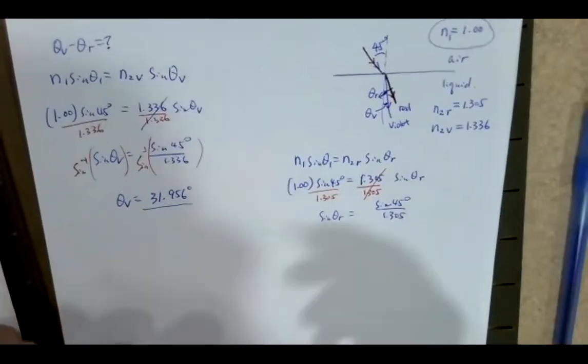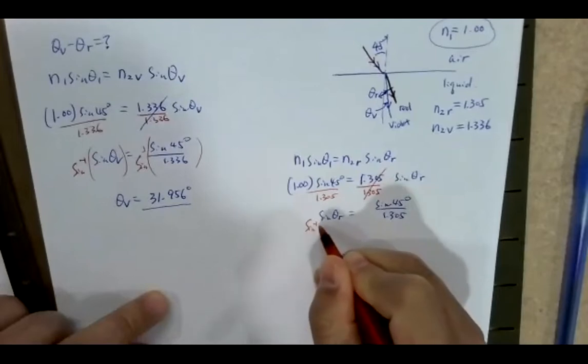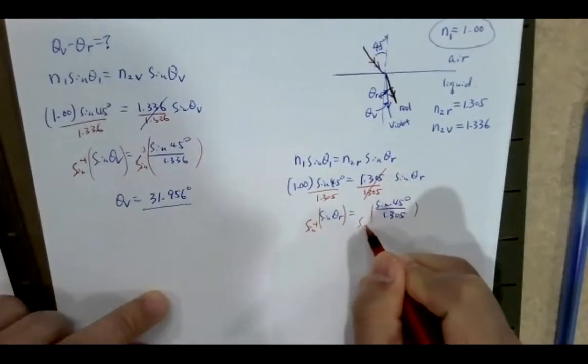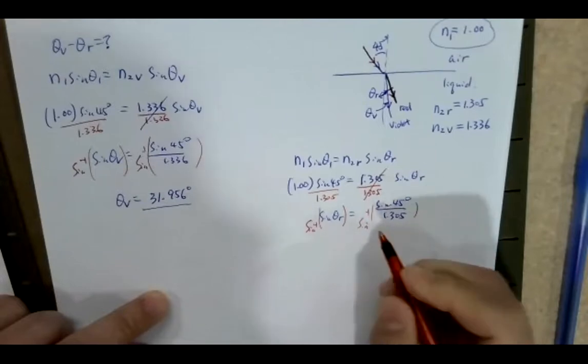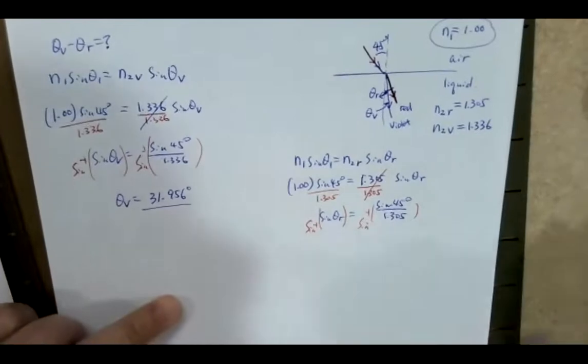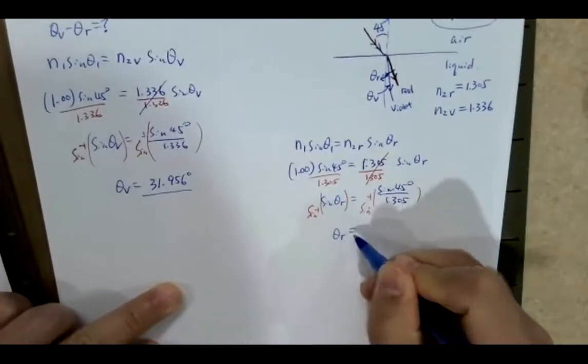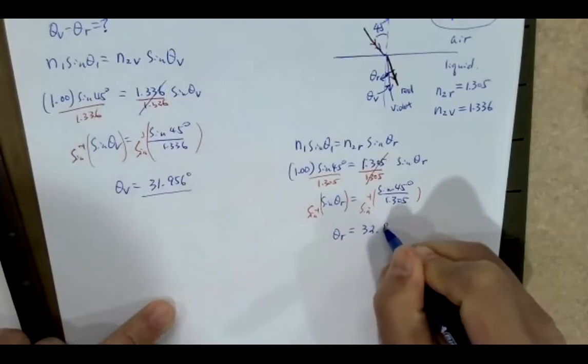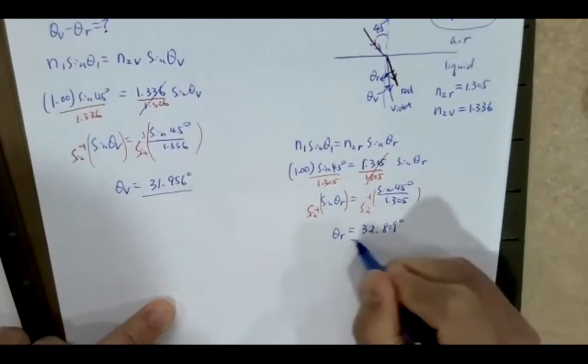In that case, take sine inverse of both sides to solve for theta R. Your theta R will be equal to 32.809 degrees.